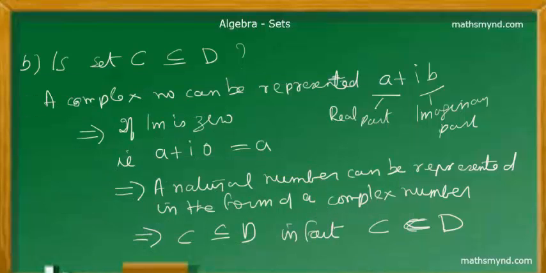Now, an interesting question is: is set C, that is the natural numbers from 1 to 9, a subset of D?